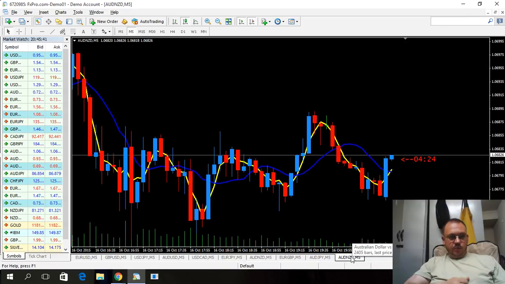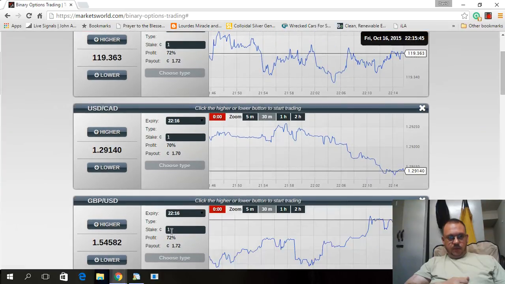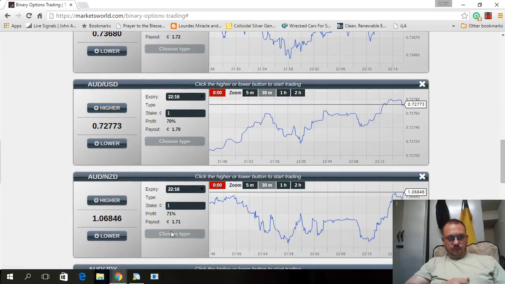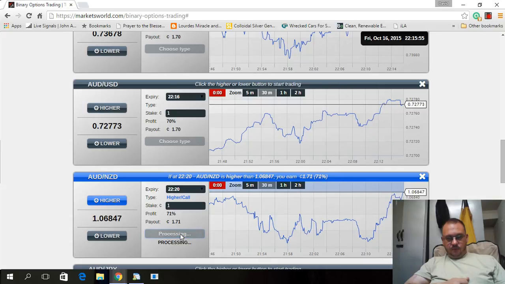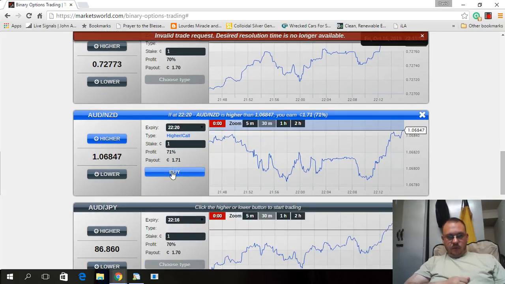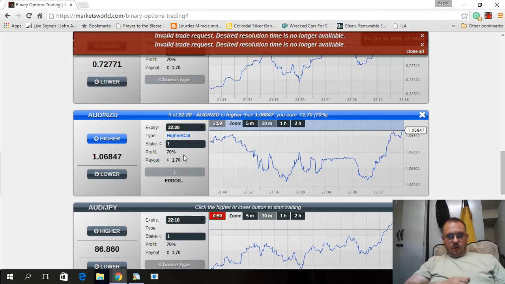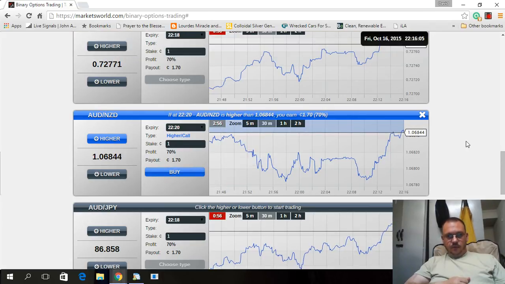Here's another example, AUD New Zealand. Let's find AUD New Zealand real quick. Higher. 20 after 5, that's 5 minutes. All right, that's a sign I'm not meant to trade anymore.